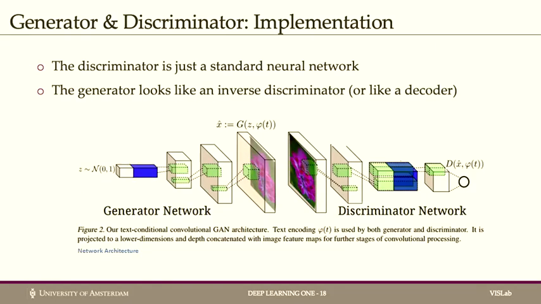And then put together, you generate something, the generator generates an image, and then you push it through the discriminator network. And that's why the generator also looks pretty much like an inverse discriminator, or like a decoder that we had in the VAE. In fact, the architectures are pretty similar.